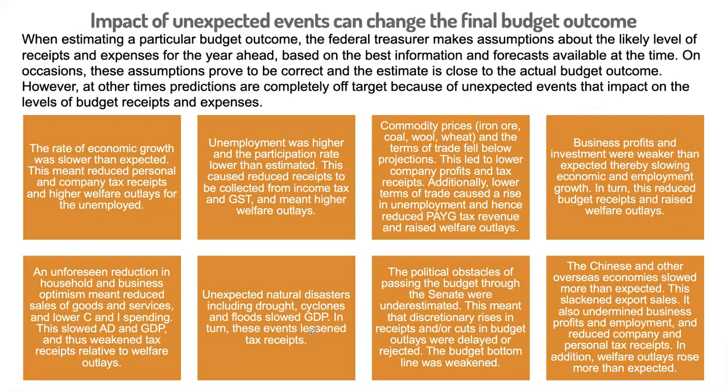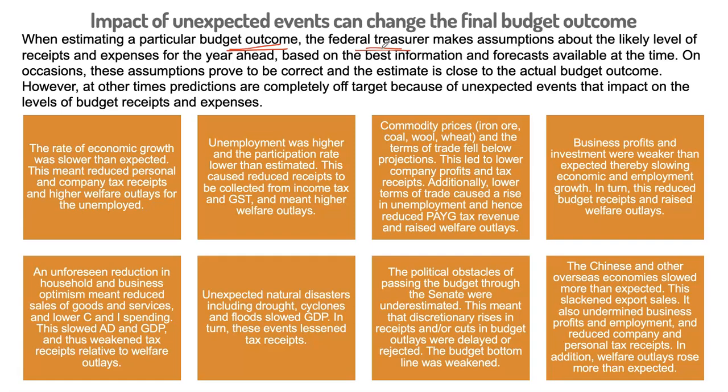Now, this is a very busy slide and I'm not going to go through all of it, but it's important to understand that the budgets are an estimate. When estimating a particular budget outcome, the government or the treasurer has made some assumptions about the likely receipts and expenses in the year ahead.